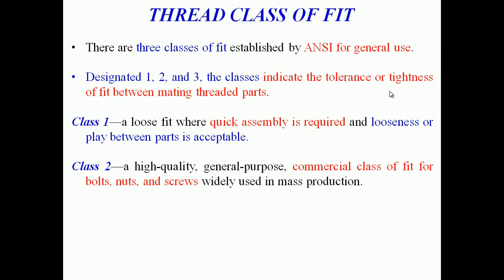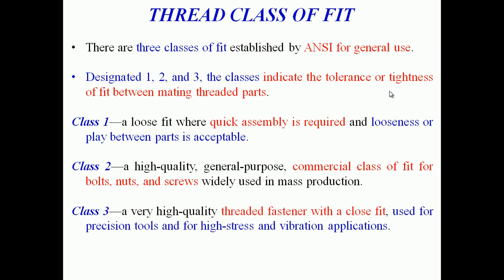Class 2 is a high quality general purpose commercial class of fit for bolts, nuts and screws, widely used in mass production. Class 3 is a very high quality threaded fastener with a close fit used for precision tools and for high stress and vibration applications.